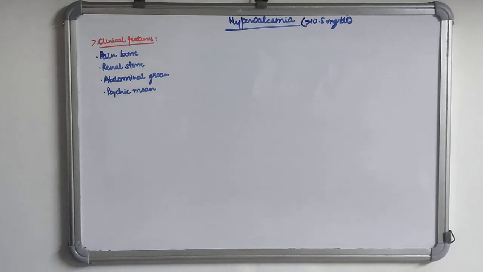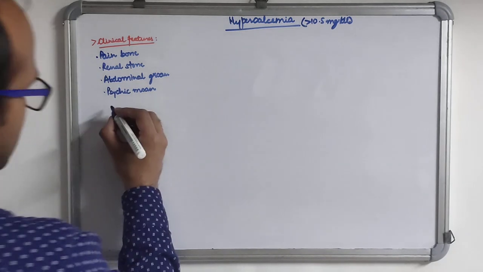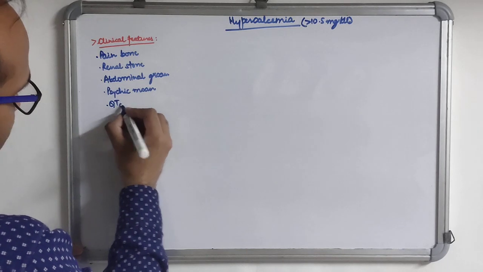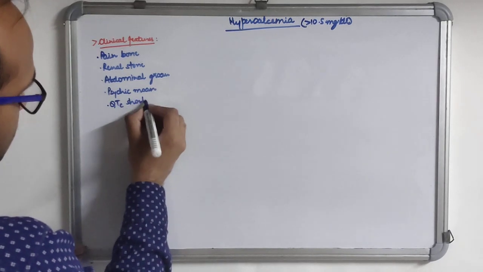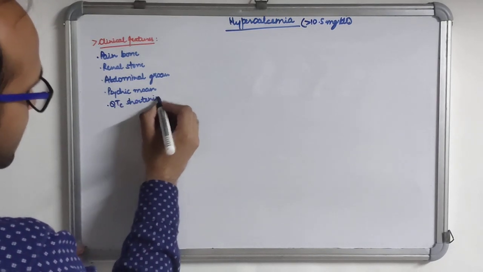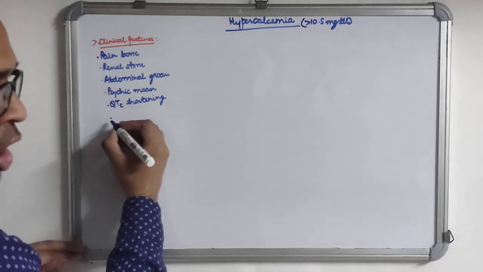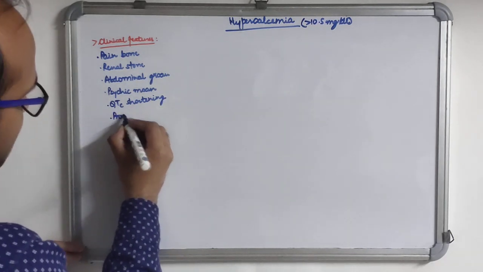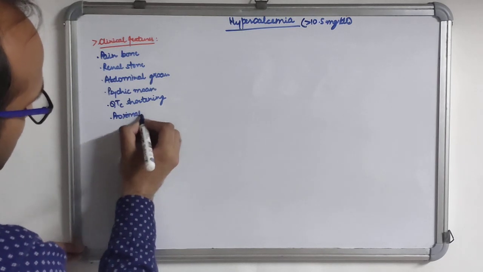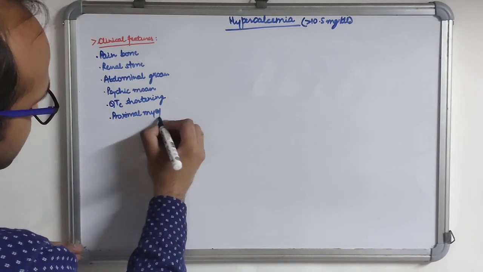And psychic moan includes fatigue, depression, confusion, decreased concentration. Apart from that, there is shortening of the QT interval, which predisposes to arrhythmia, and also proximal myopathy and muscle atrophy.